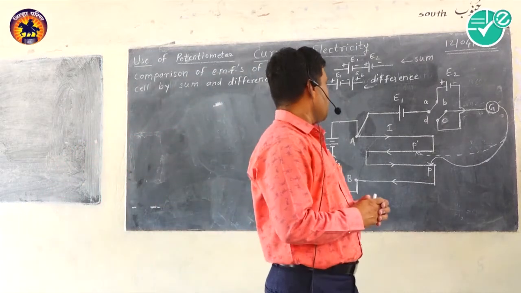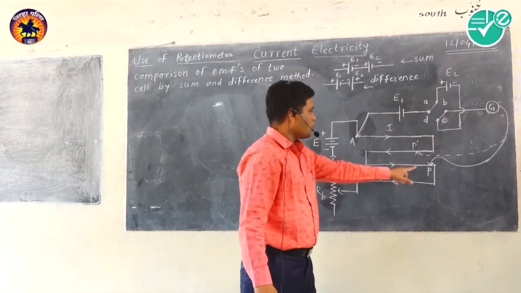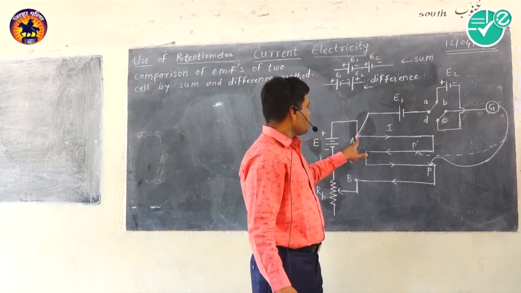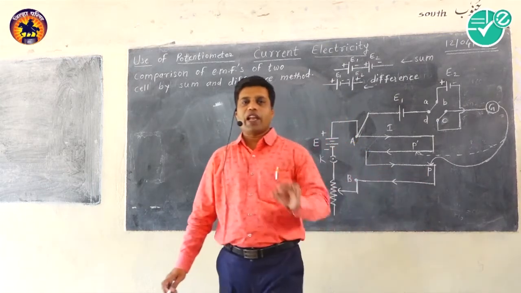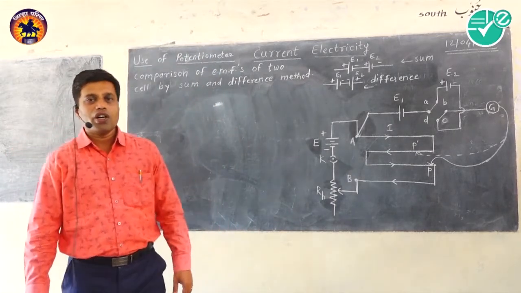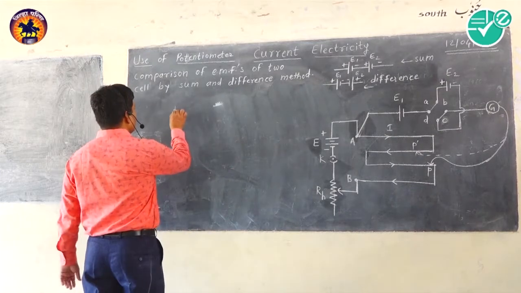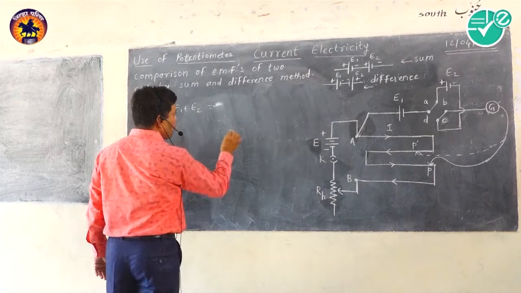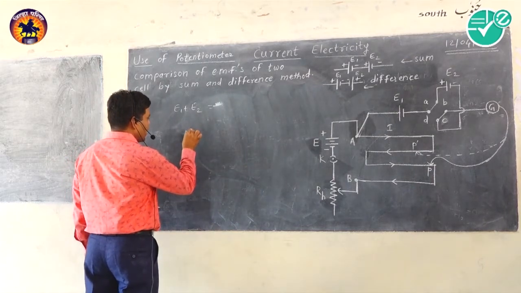Once again I will repeat: after closing the keys A and C, you have to slide the jockey on the potentiometer wire AB such that you get a point P where the galvanometer shows a null deflection for the sum method. Suppose in this sum method, E1 plus E2, the null point is obtained at a length AP.